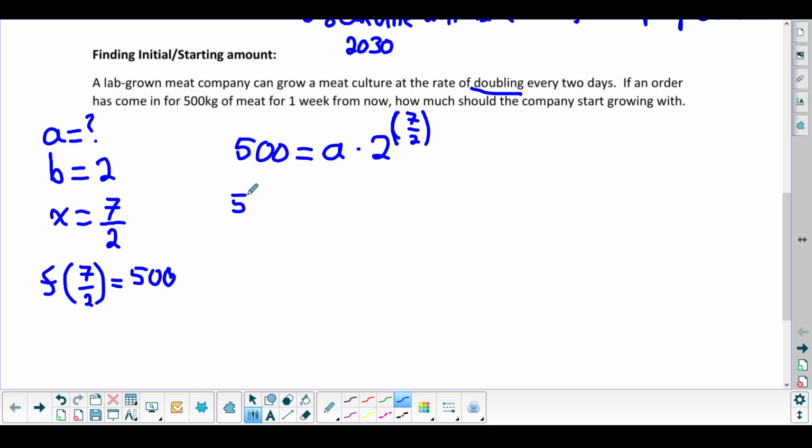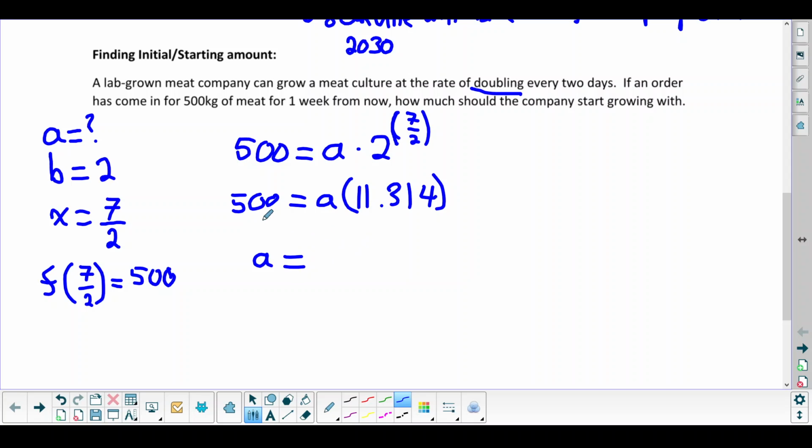So 500 equals a times 11.31, and it keeps going. We'll keep 3 decimals, should be enough. And of course, we're going to need to divide both sides by that.